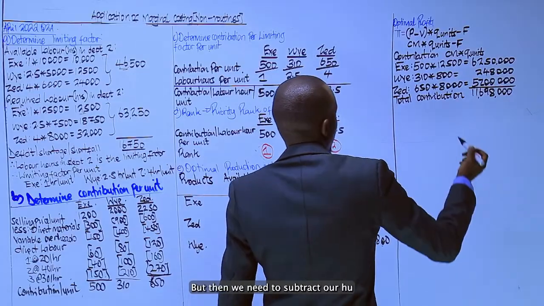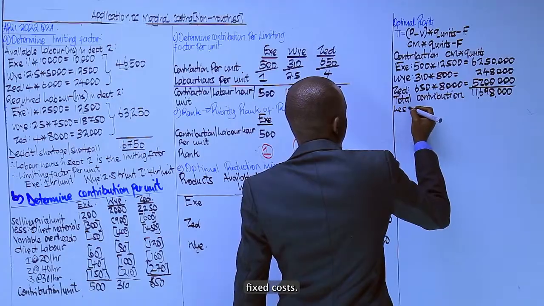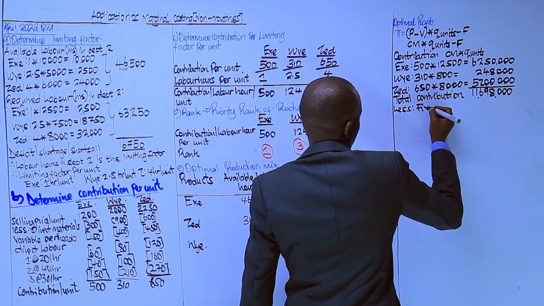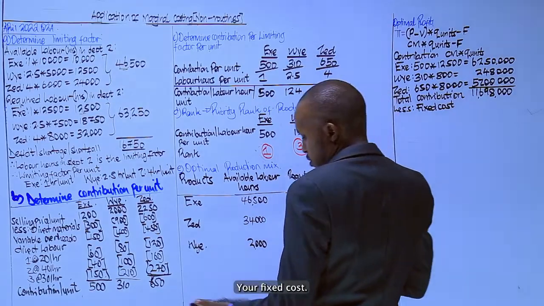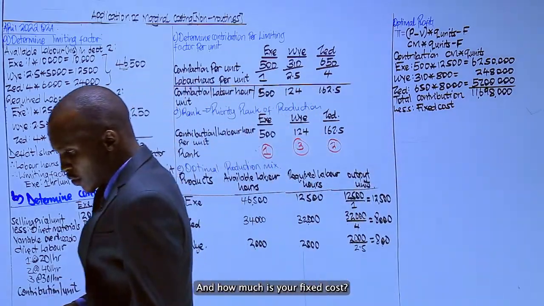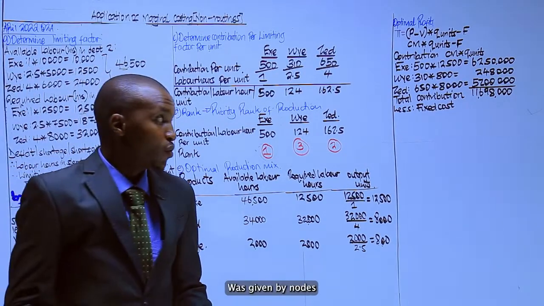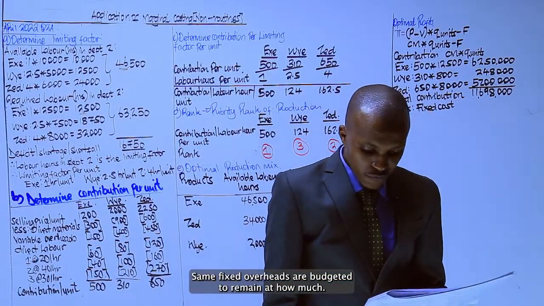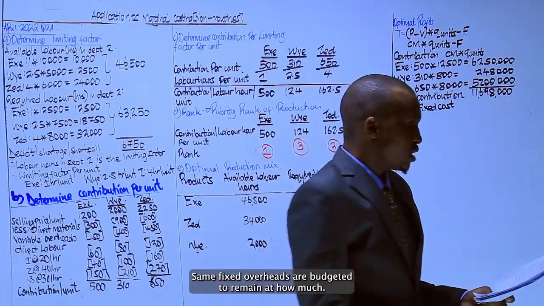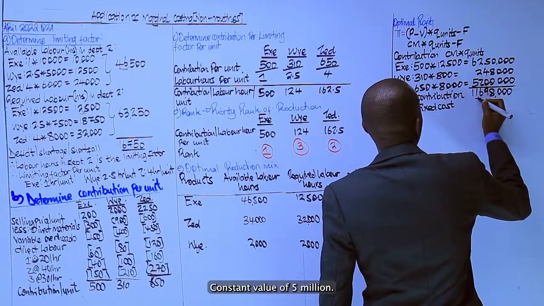But then we need to subtract our fixed costs. And how much was your fixed cost? Your fixed cost was given by note number 3, which says fixed overheads are budgeted to remain at a constant value of 5 million.